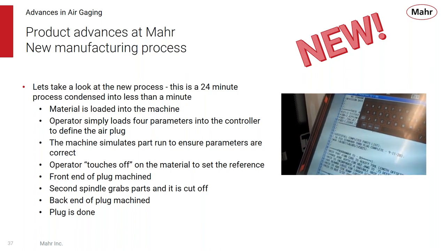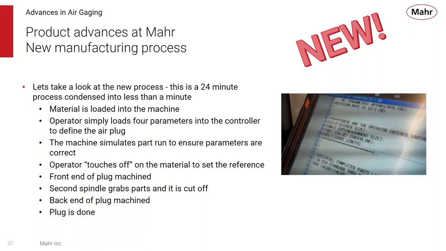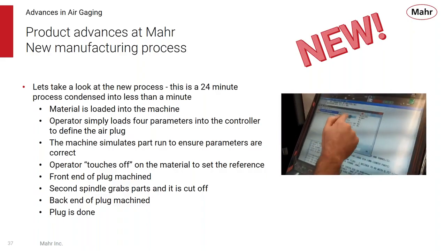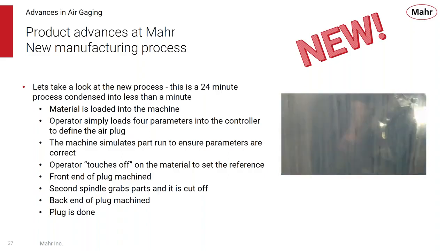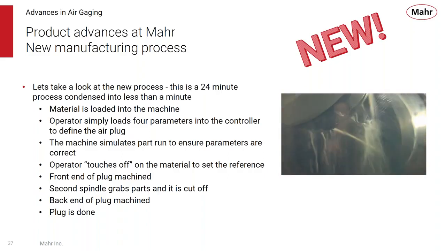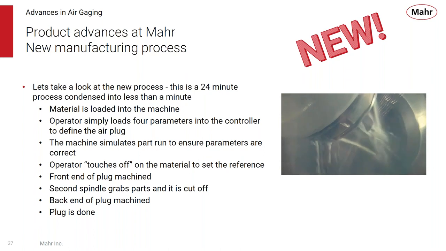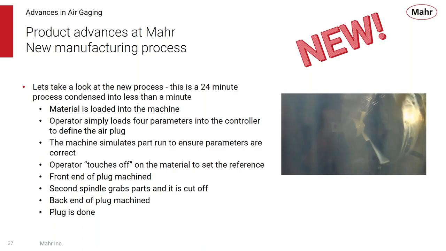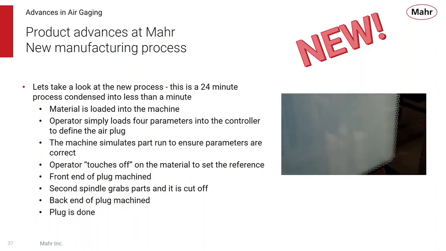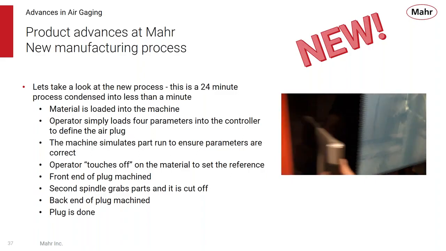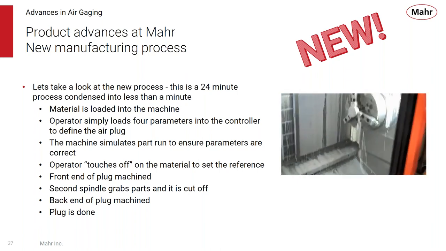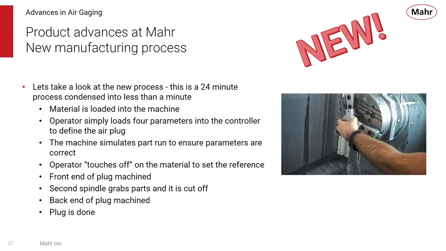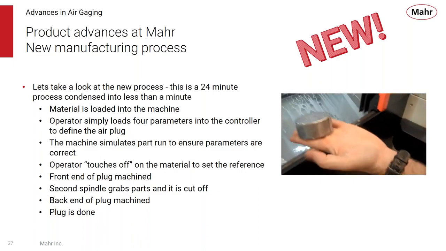Once those 4 parameters are entered into the machine, the machine is going to simulate the part being manufactured, and the operator touches off the tooling that's in the machine to the slug that's in there, and within this 24-minute processing time, an air plug is going to be produced. So 4 parameters, start the machine, and now the air plug is ready to go on to the next process.